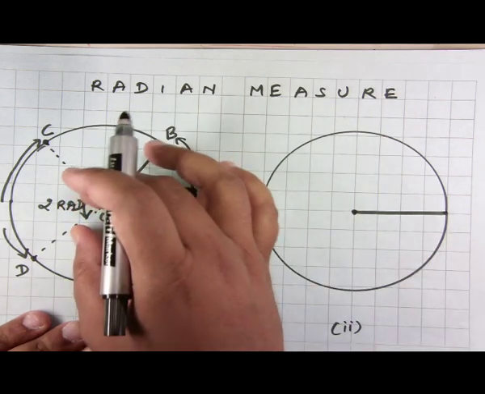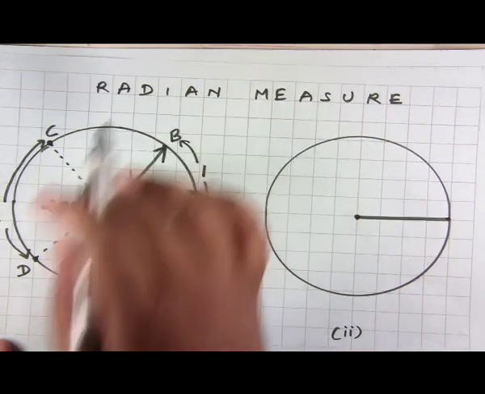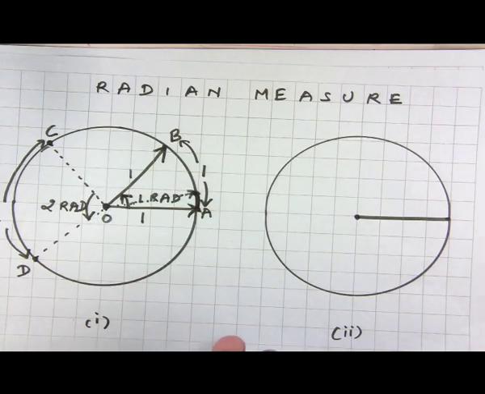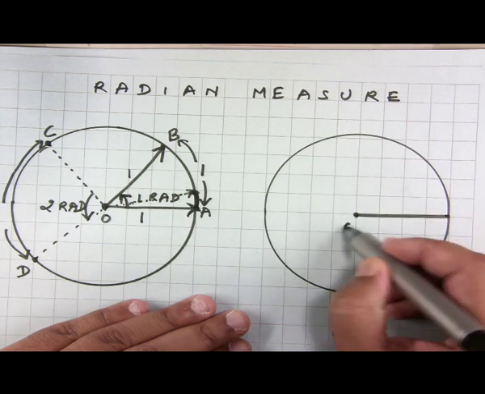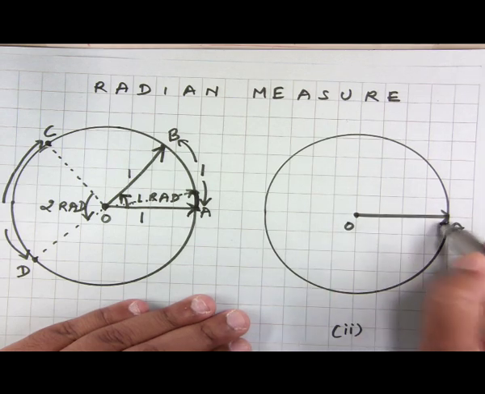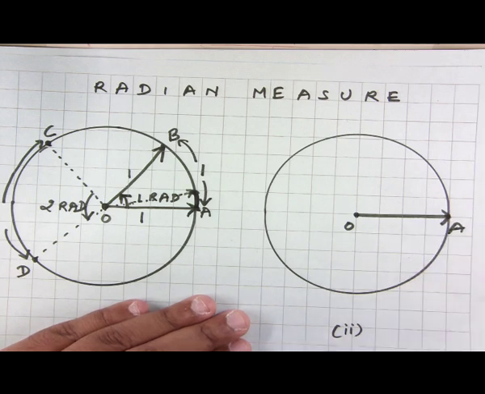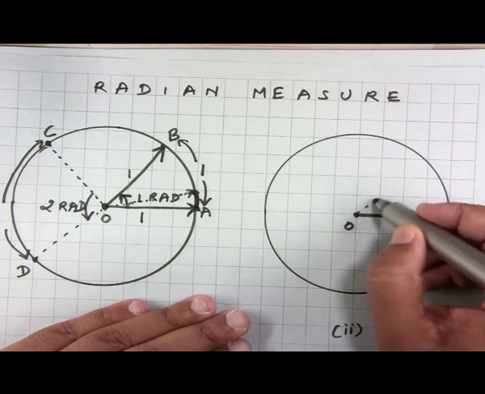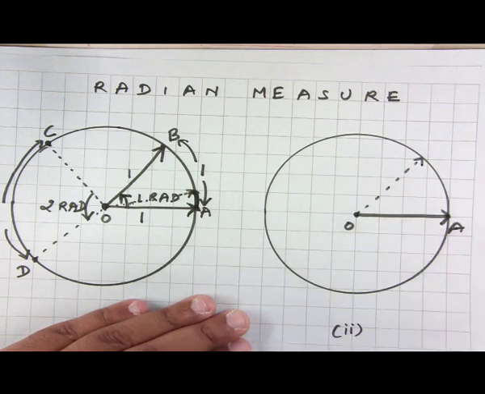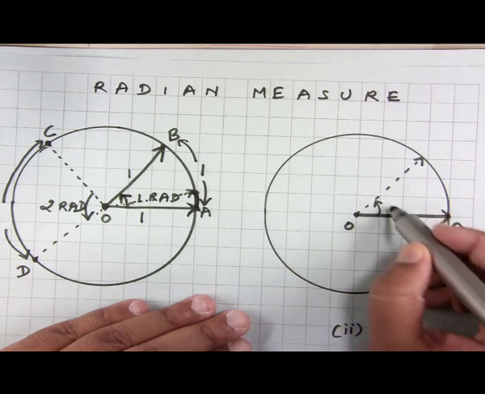this angle of 2 radians is nothing but 2 successive repetitions of rotating the ray by 1 radian. So, suppose we initially start with the tip of the ray at this point A, and let us say that we first rotate it by 1 radian.